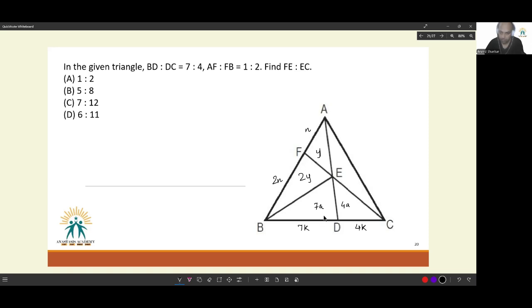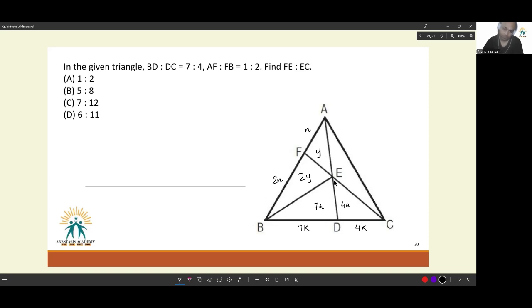Okay. I see that AE is to ED. I can do AE is to ED in some manner, no? Because look at triangles ABE and BED.